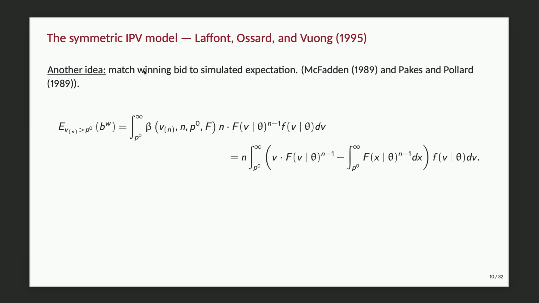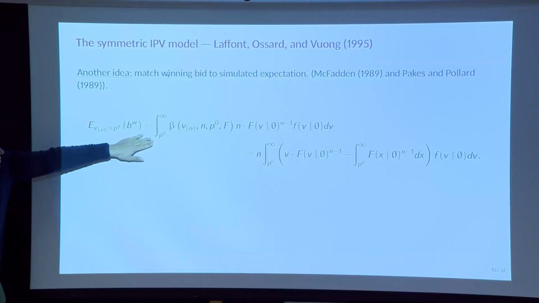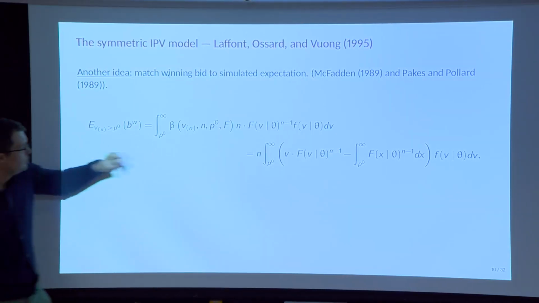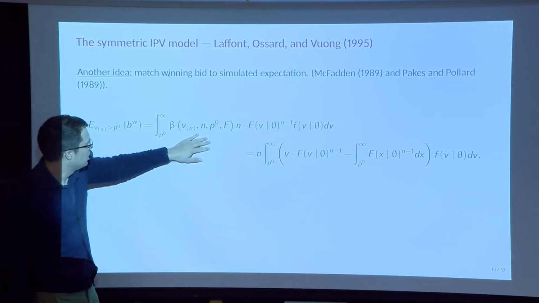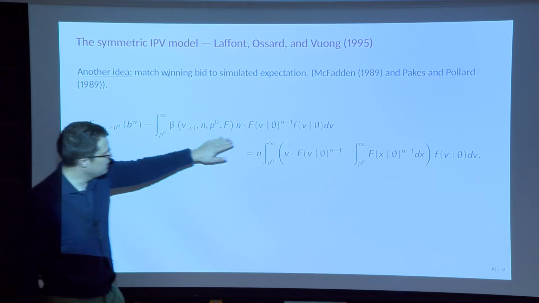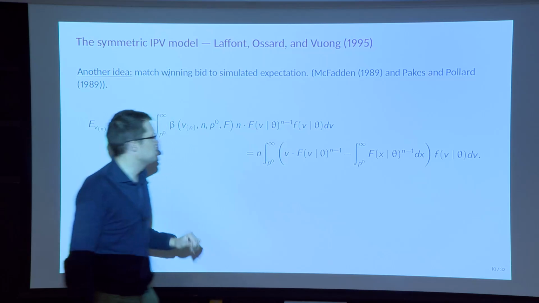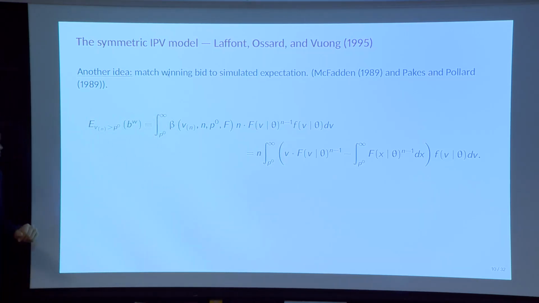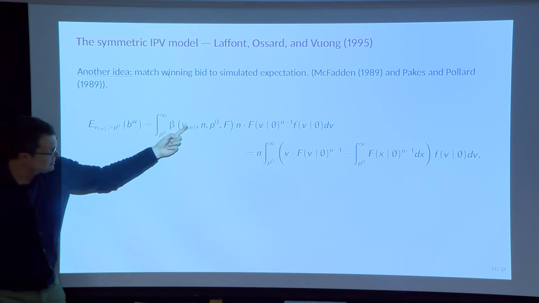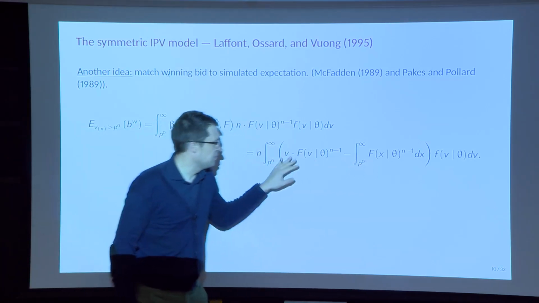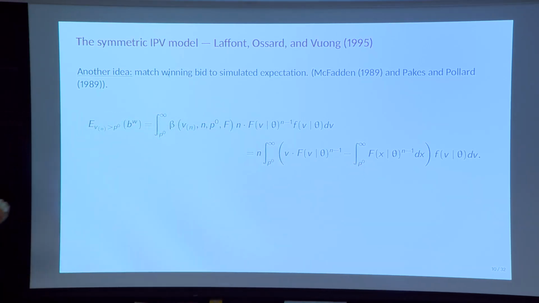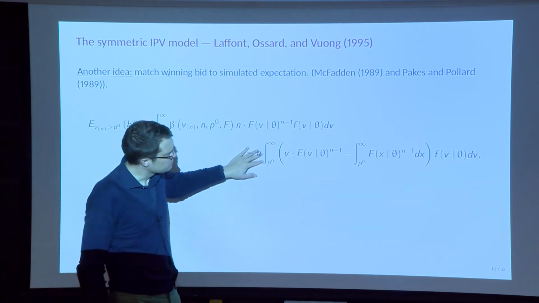Okay, so here is the expression for the expected winning bid, which integrates out over this bidding function, and here uses the expression for the density of the highest valuation. When you plug this in, you can simplify this a little bit, and you get an expression that looks like this here, right?